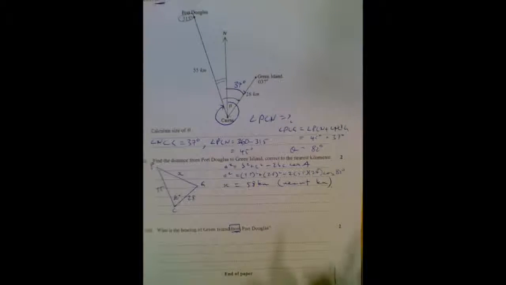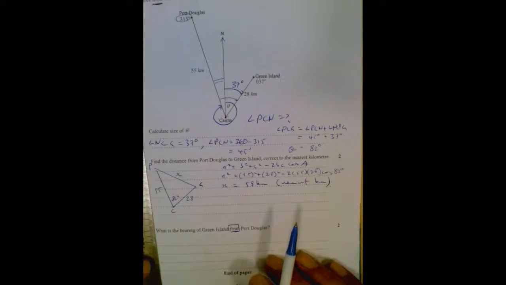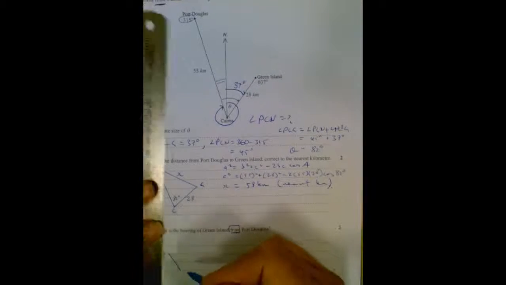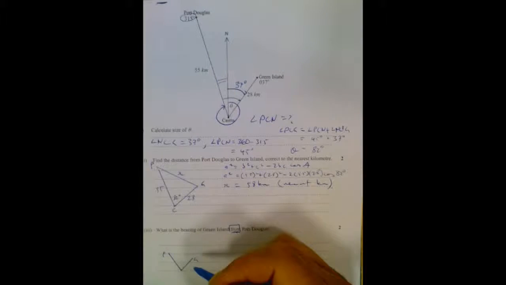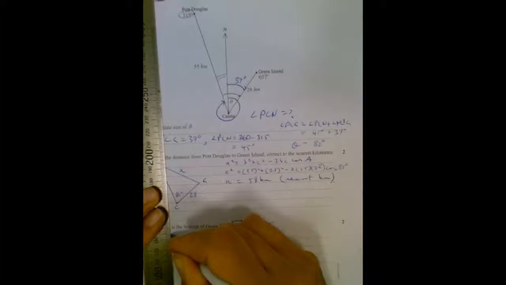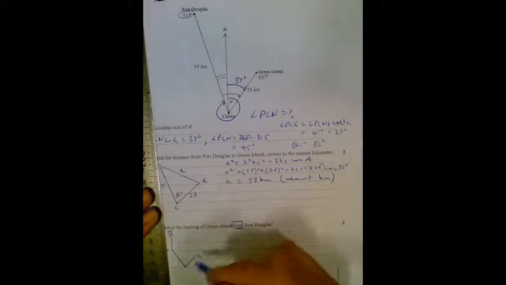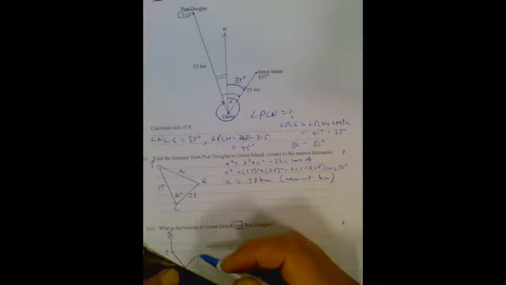I haven't got space there, so I'll draw another little diagram to demonstrate what I mean. You've got point P, which is there, and G, which is there. Now from Port Douglas, put my northerly in.